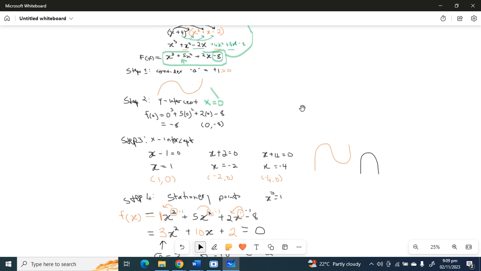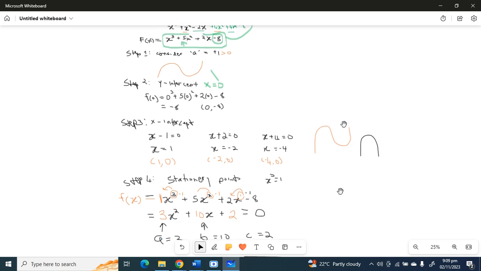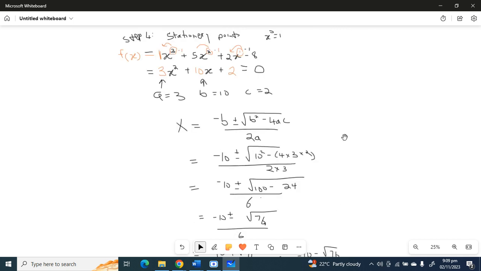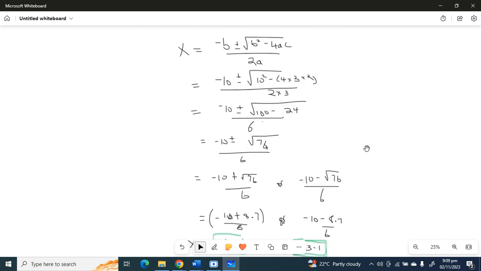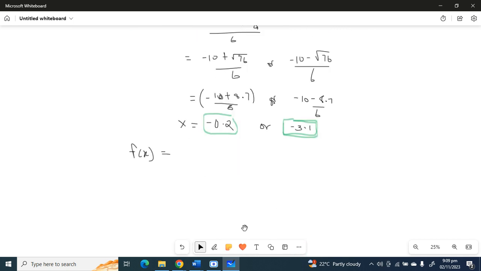Let me just write it down so I don't forget: x cubed plus 5x squared plus 2x minus 8. So we substitute both x values into this function so that we get our y coordinates for the stationary points.